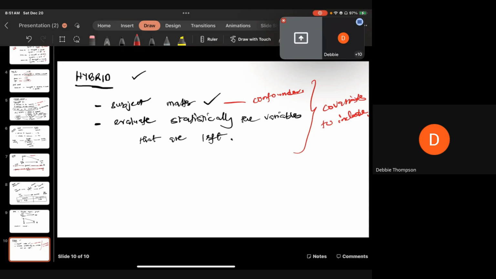I would think about, based on my knowledge of the field, what are the things that are possibly going to be affecting the relationships, whether as confounders or as mediators. And then I'd do univariate or bivariate analyses with those variables. I think intuitively, that's what we tend to do, without even realizing that we're doing the hybrid model. Okay. Good point. Thank you.